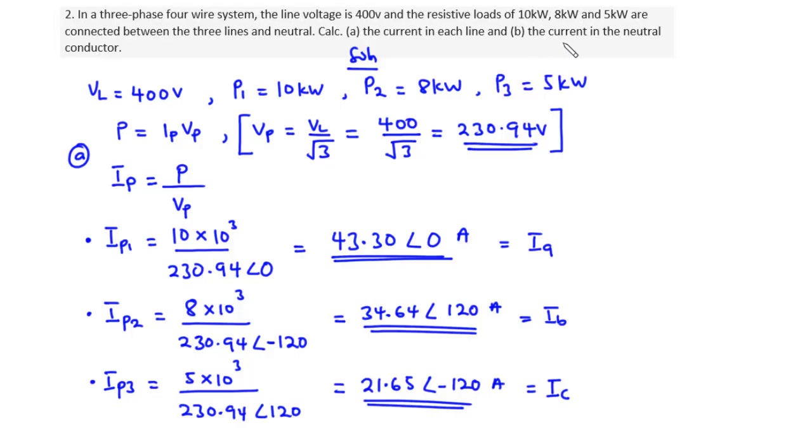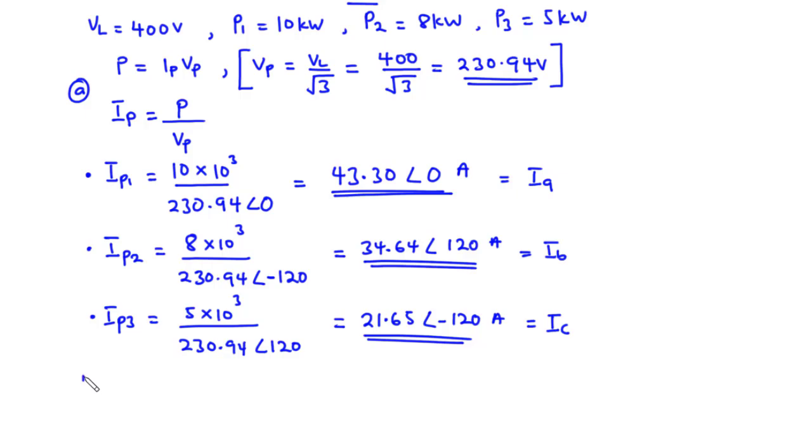Now let's find the current in the neutral conductor. So that's giving us the phasor sum of the 3 line currents, Ia, Ib, and then Ic.